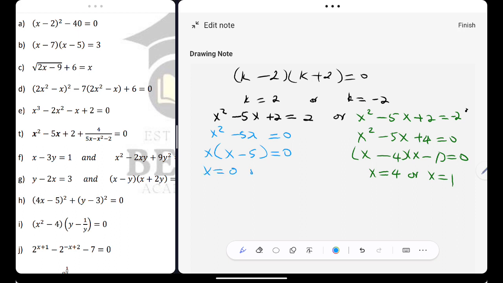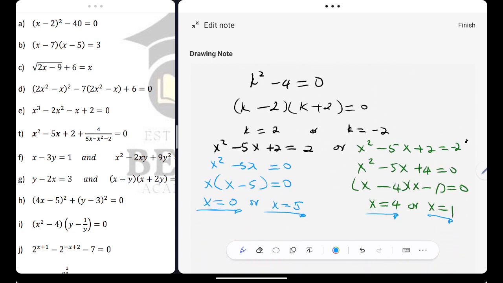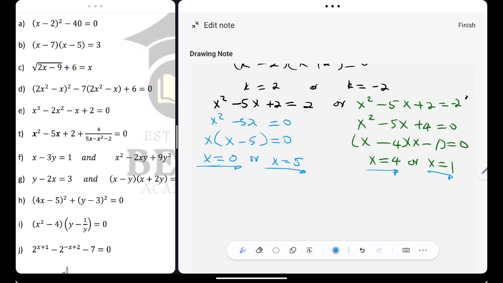So x is 0, or x is 5. Are we together? So this is how we solve. This is how you solve quadratic equations.